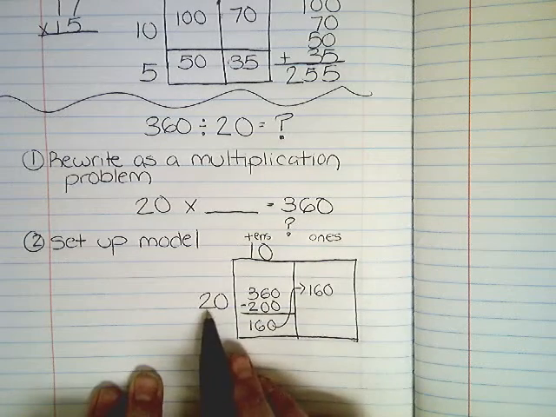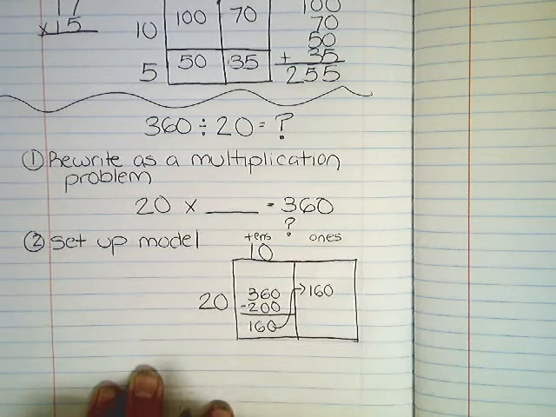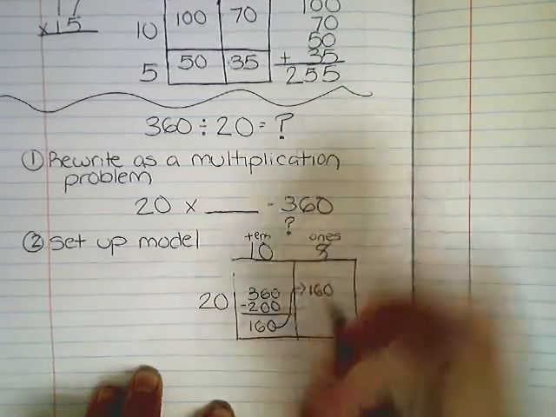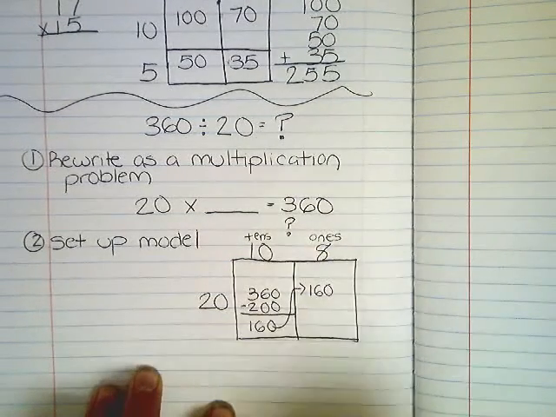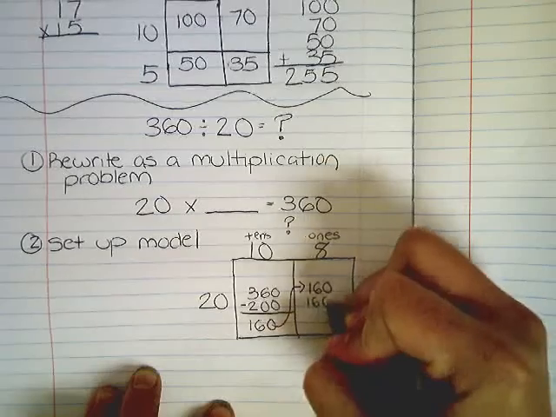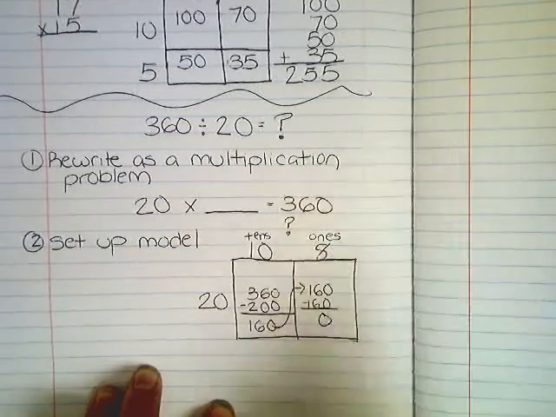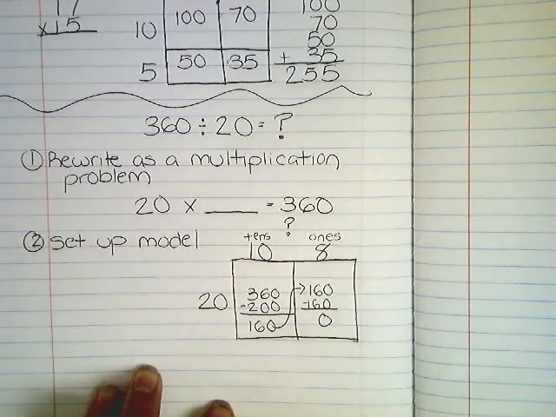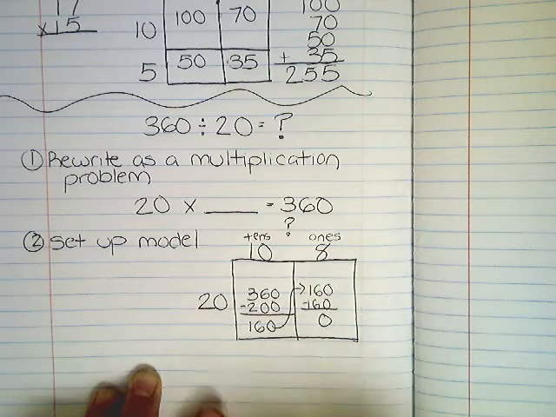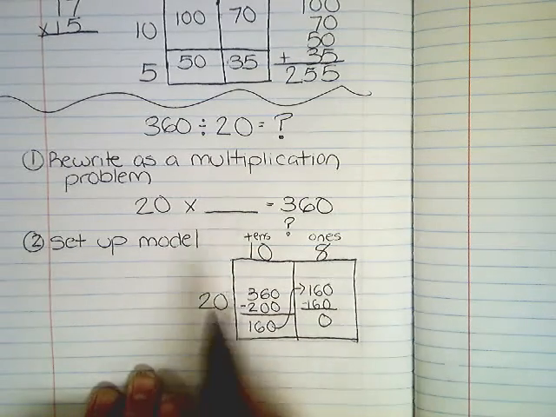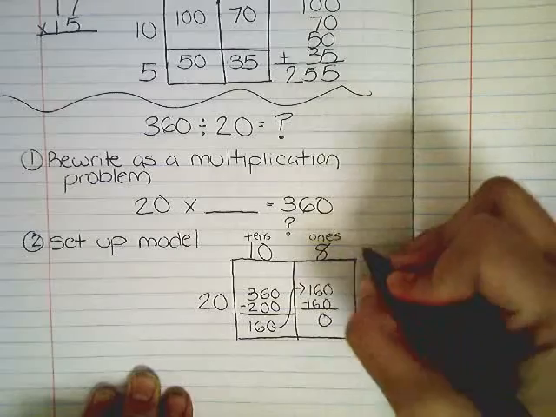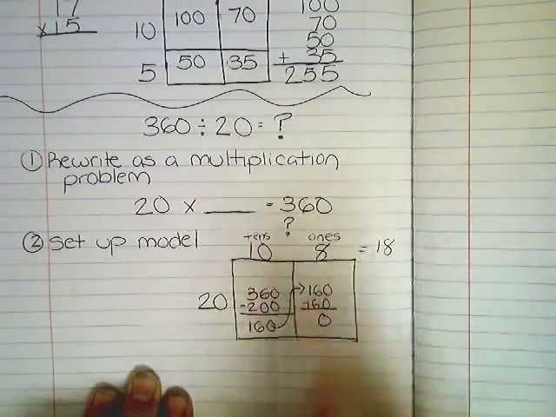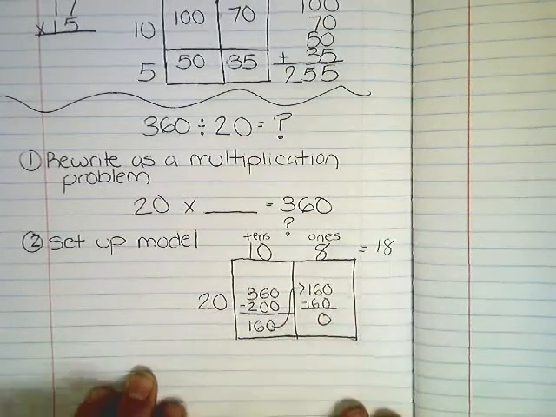So 2 times what will get me 16? Well, 2 times 8. So 20 times 8 is 160. Therefore, 20 times 10 plus 8, which is 18, will give me 360.